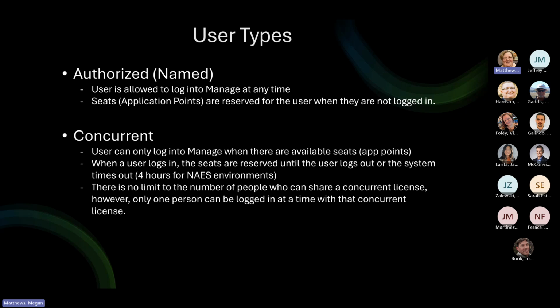They can log into Maximo Manage at any time, and those points or seats are reserved for that user even when they're not logged in. So as a named or authorized user, you're constantly consuming application points. Whenever you want to log in, you just log in, you do what you need to do, you log out. Regardless of whether you're logged in or logged out, those points are taken.